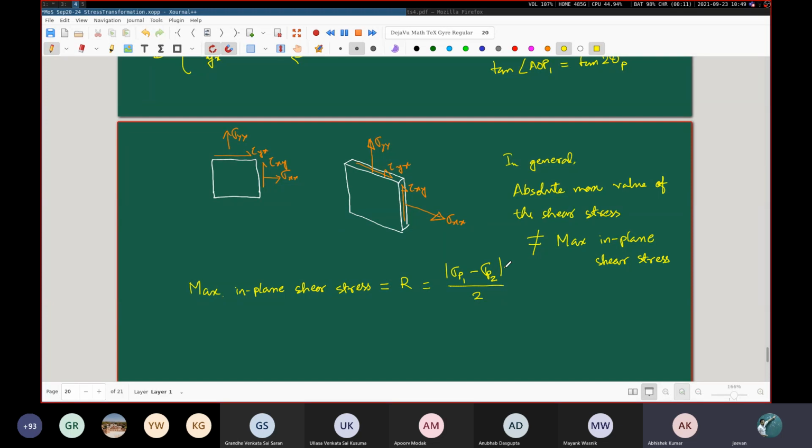So we don't even have to use this absolute value. We have this thing as the maximum in-plane shear stress. Now you tell me, in light of the newfound knowledge you have regarding the 3D Mohr circles, do you think this is going to be the absolute maximum value of the shear stress or something else?